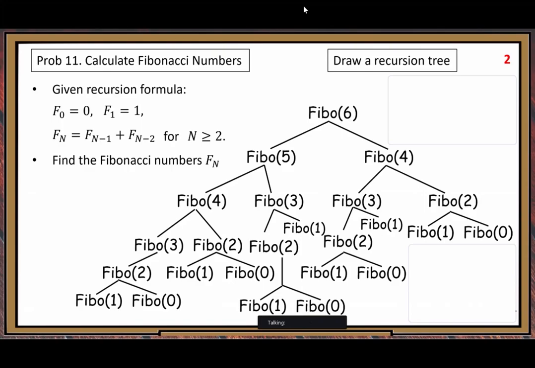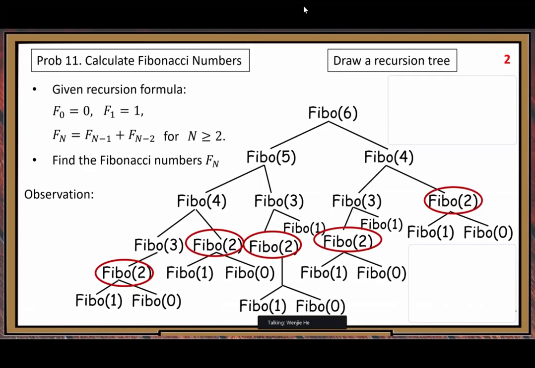From this tree, you can see the problem, right? Why is it so slow? After you look at this tree, I think most of you can see the problem quickly. You have too much redundant calculation. For example, Fibo of 2: how many times do we need to calculate Fibo of 2? So many times.